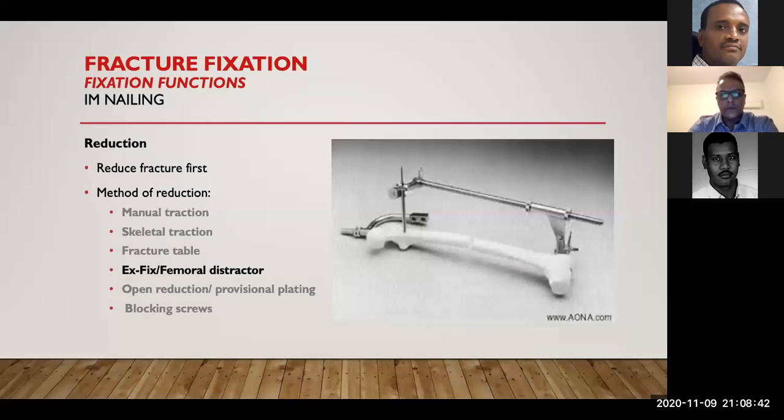One of the very good tools you can use is a femoral distractor, or temporary X-fix, or Schanz pins, especially in periarticular fractures. They are very helpful to do the ligamentotaxis for you and bring the fracture to a good alignment before you start fixing them.